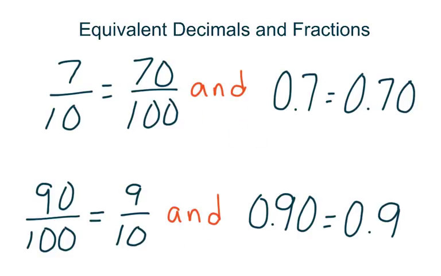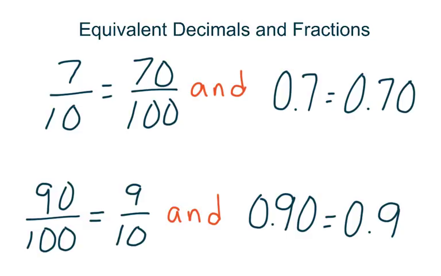This is just showing again our fraction equivalency, from a fraction to a fraction, and also what that decimal equivalency is. What you're going to have to do in just a second is take a fraction and turn it into a fraction of hundredths, that's a fraction and a decimal, and then do the same thing for decimals and turn them into fractions. So let's go ahead and take a look at this.